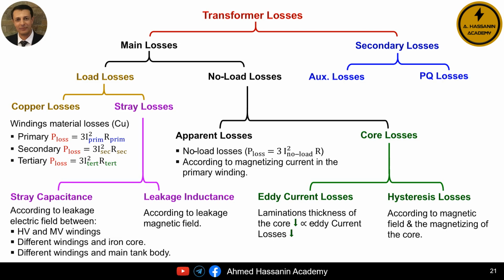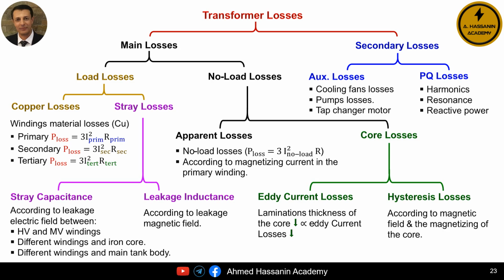As for the secondary losses, they consist of auxiliary losses and power quality losses. Of course, auxiliary losses result from the electrical energy consumed by the transformer cooling fans, the on-load tap changer motor, and the pumps, if present. And finally, power quality losses, which are caused by the presence of harmonics, resonance, and reactive power.